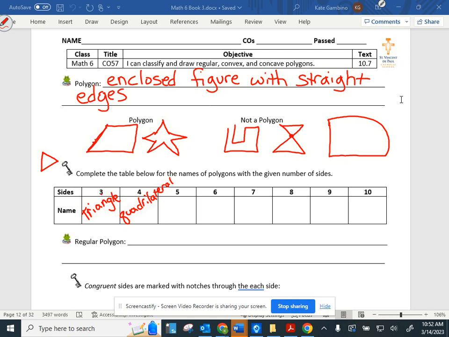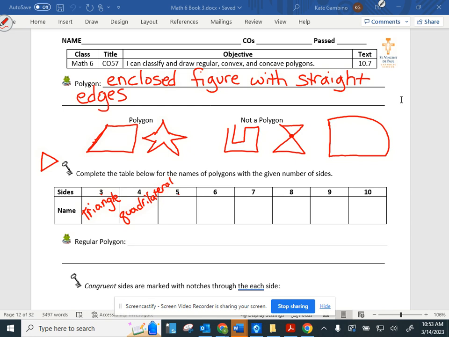Lateral means sides. We talked about that. So you need to know it's quadrilateral. You can't just call it a quad, because quad can go with lots of other things like quadriceps, which are your muscles. Okay, biceps would be how many muscles? 2. Because bi means 2.